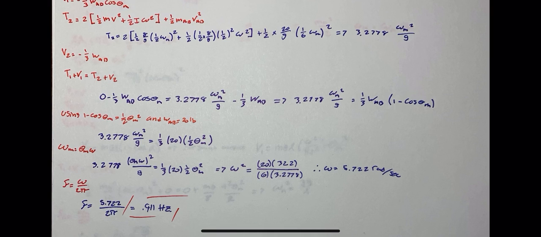So if we plug in our knowns, and we know that omega m is equal to theta m times omega, we should be able to solve for omega, which is 5.722 radians per second. And the frequency should be omega over 2 pi, which is just 0.911 hertz.